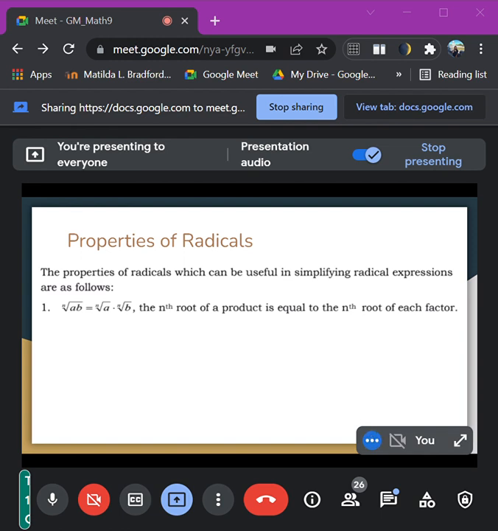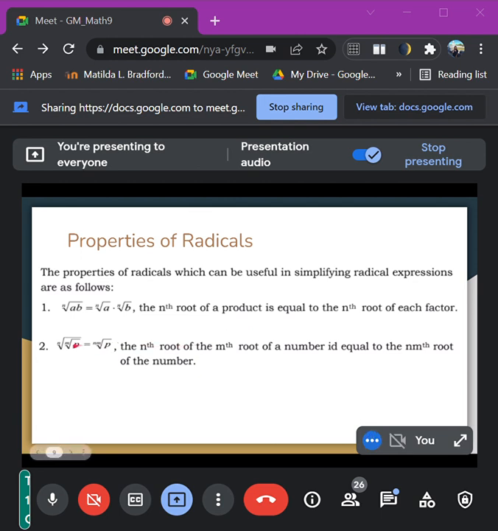You have the nth root of A times B, which can be split like this. That is law number 2 earlier in radicals. And then this one, law number 4.